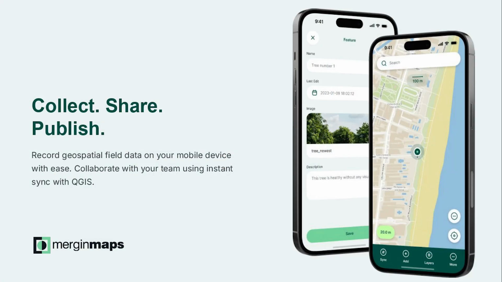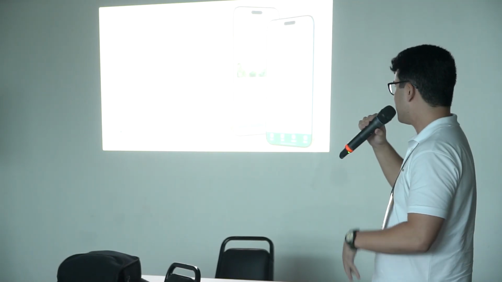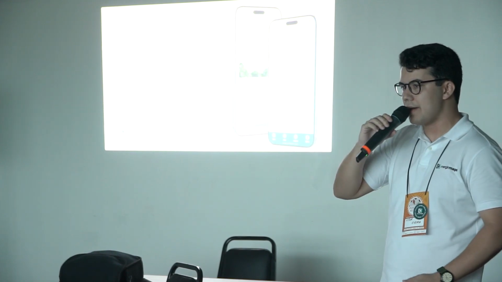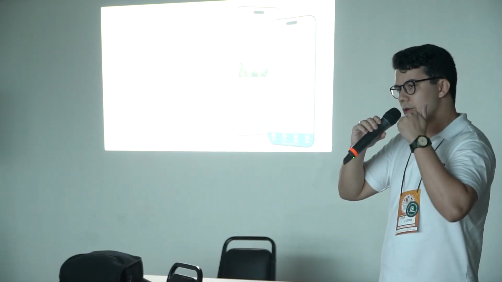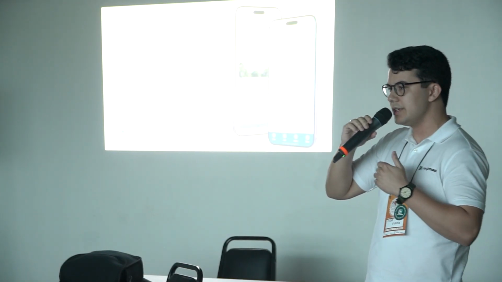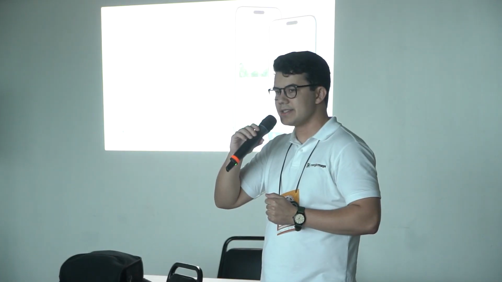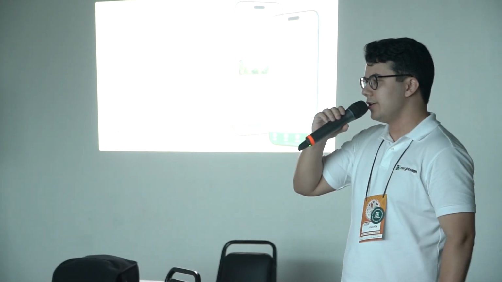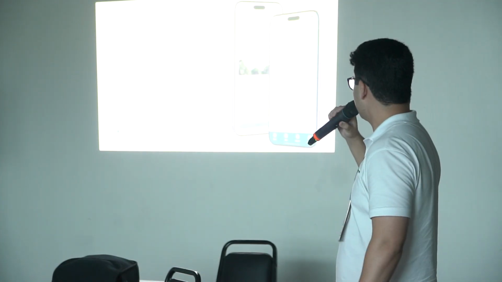All right, so collect, share, and publish. That's how we try to keep the data collection process as simple as it can possibly be. Mergin Maps is an open source project based on QGIS, which means that you can essentially use everything that QGIS has in an optimized GUI in order to collect your field data.